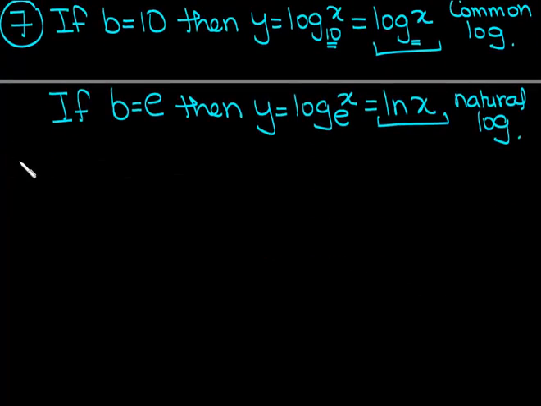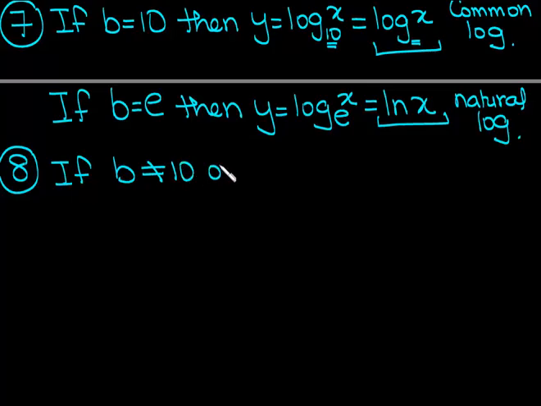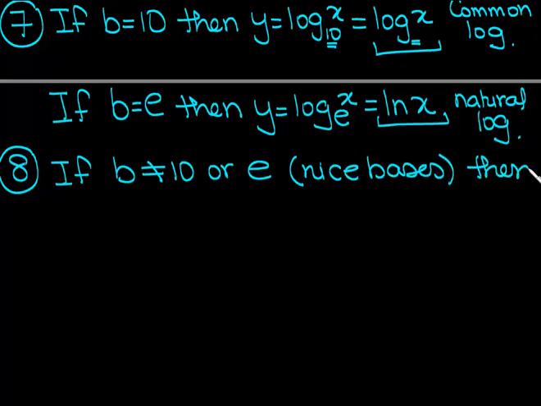Alright, number 8. Well, if I only have two keys on my calculator and b can be any number greater than 0 other than 1, what happens if I have some other base? How do I find the log of that? So let's take a look at that. If b is not 10 or e, and these are my nice bases, I usually call them nice bases, then I can write this.